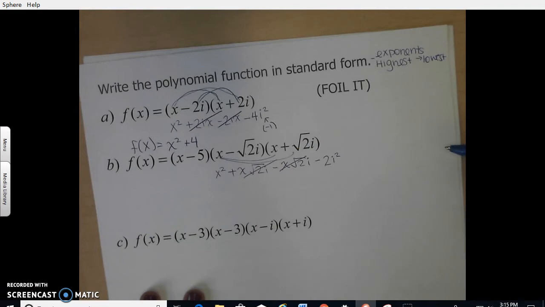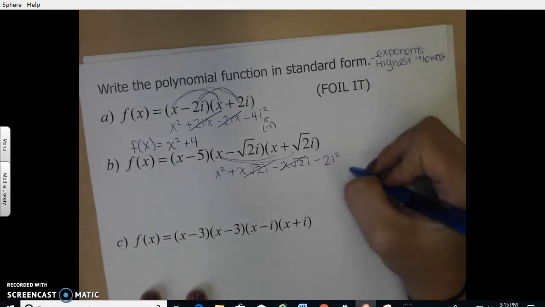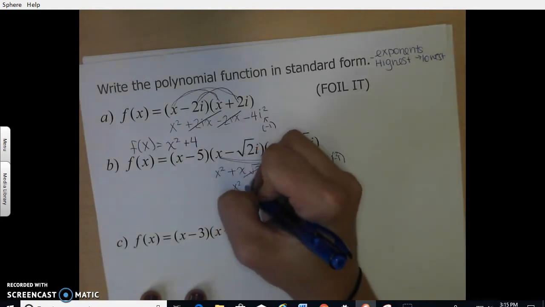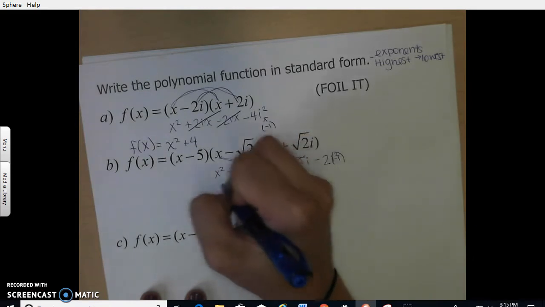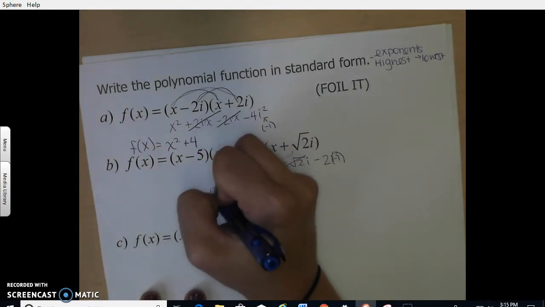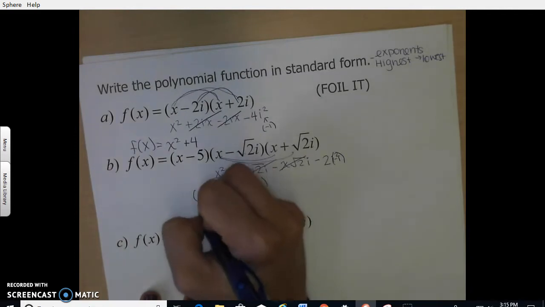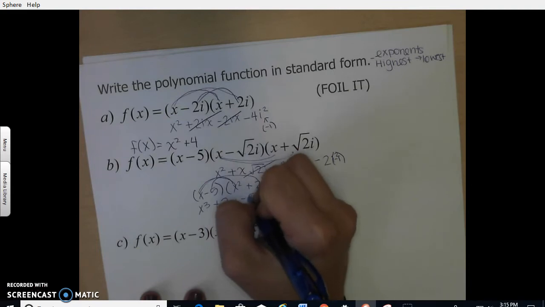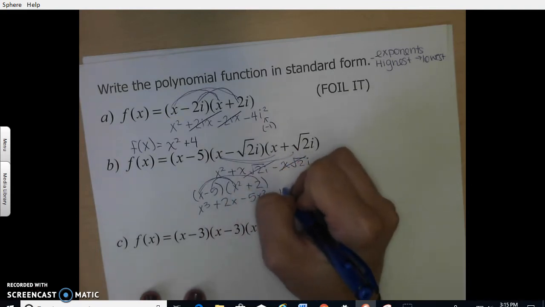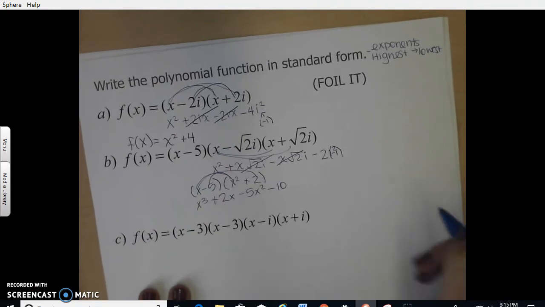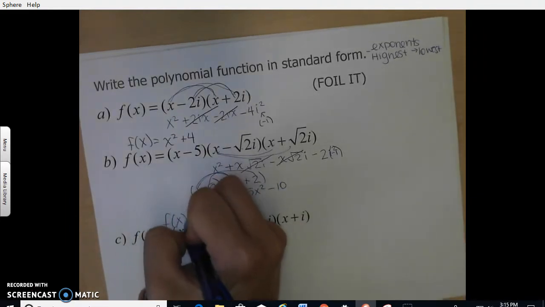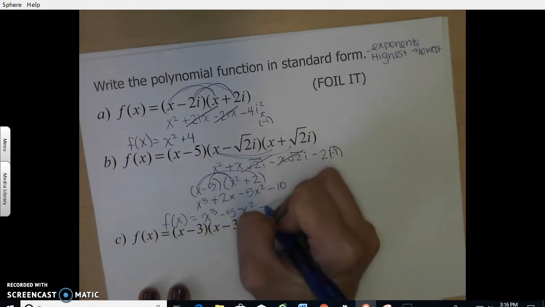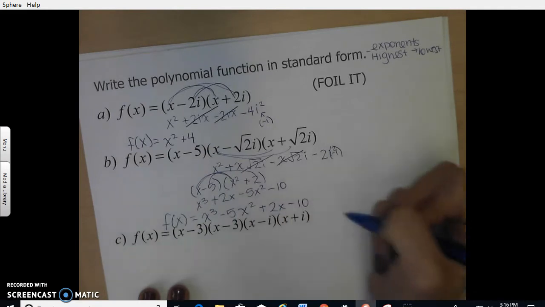The x square root 2i terms cancel. 2 times i squared, this i squared turns to negative 1. So we have x squared plus 2 times x minus 5. Now we FOIL again, x cubed plus 2x minus 5x squared minus 10. I have to write in standard form, therefore f of x is equal to x cubed minus 5x squared plus 2x minus 10.